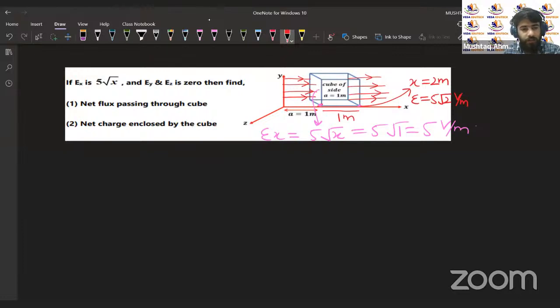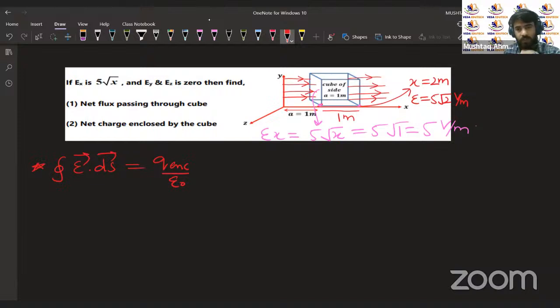So for the total electric flux, we can use Gauss law for this surface. It will be the integral of E dot dS over the closed surface, that's equal to Q enclosed upon epsilon naught. And it's not given what the charge enclosed is, right? If the total flux is non-zero, then there must be some charge enclosed within this closed surface, right? So we'll calculate this.